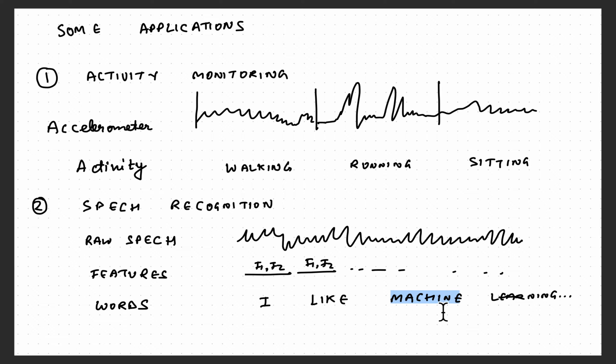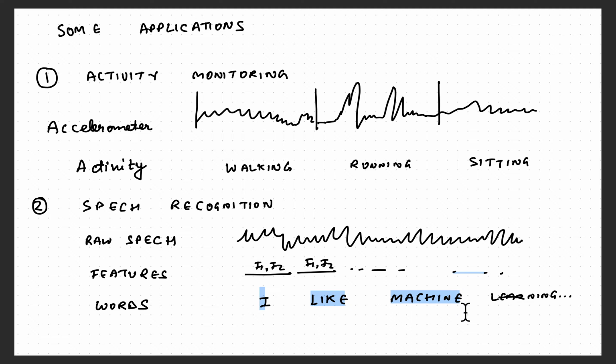So after I've written I and like, given that this is a machine learning class, it might be very obvious that words like machine would have higher probability. Now, if you've already got three words, I like machine, what is the probability that the fourth word is learning?